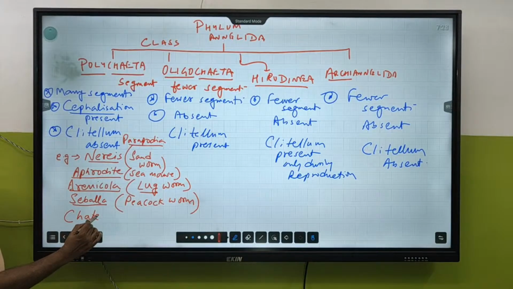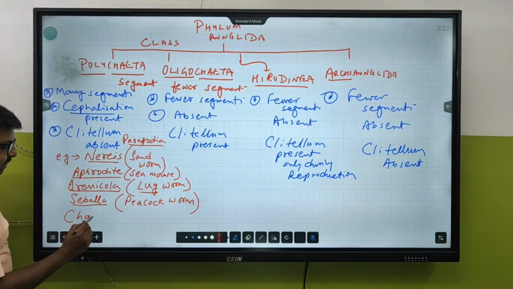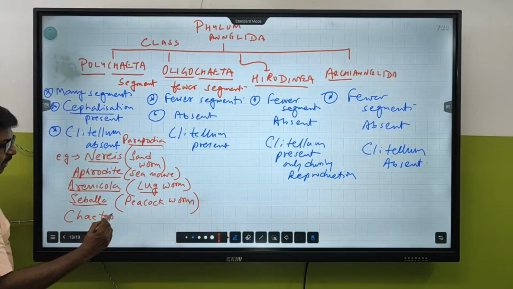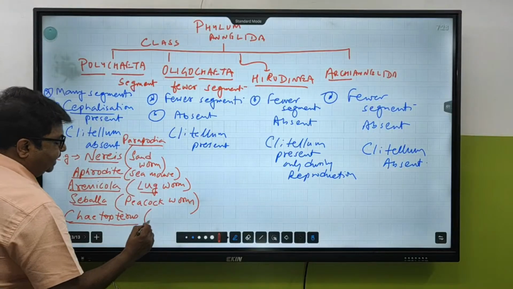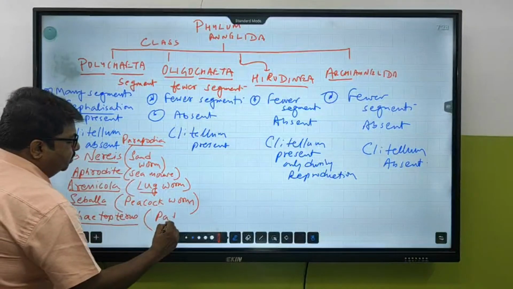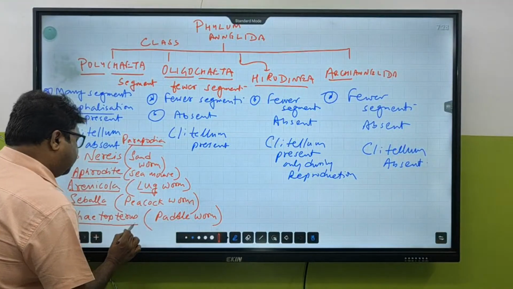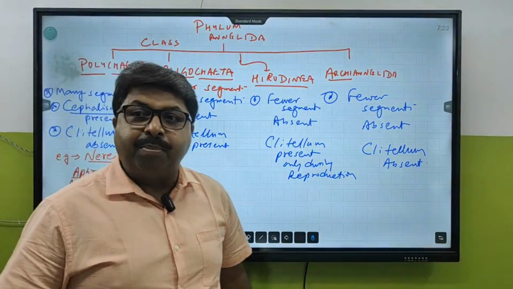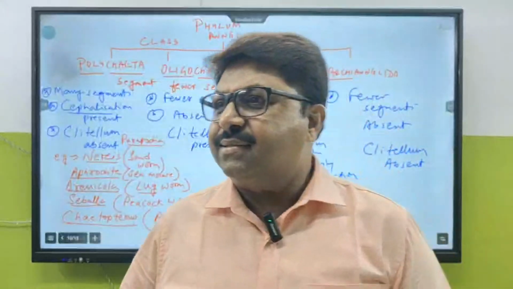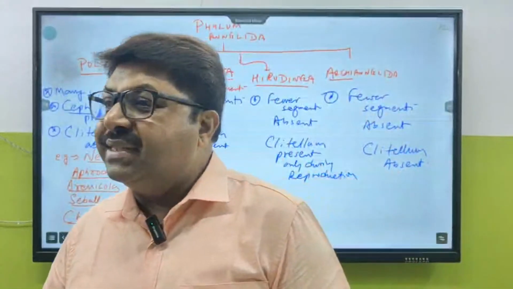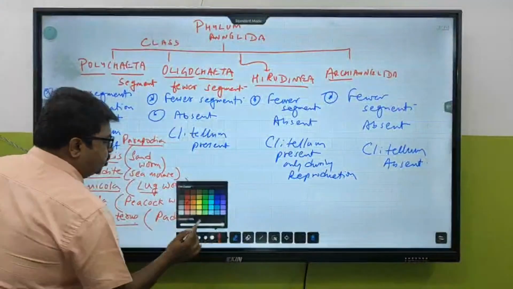And Chaetopterus. This Chaetopterus is called paddle worm. What is so special about Chaetopterus? They show biofluorescence, not bioluminescence. What is biofluorescence? I told you the other day.